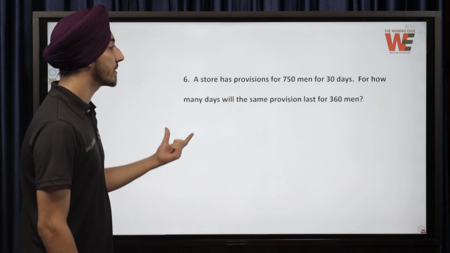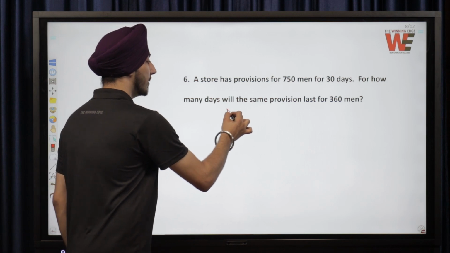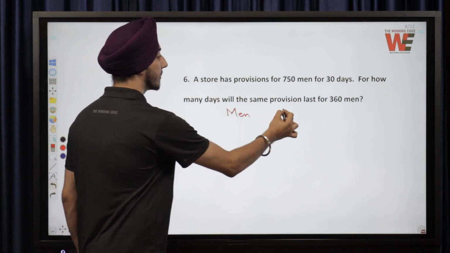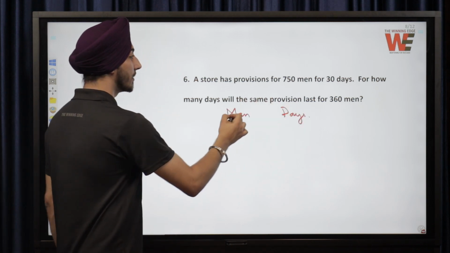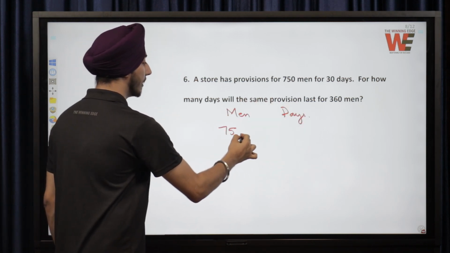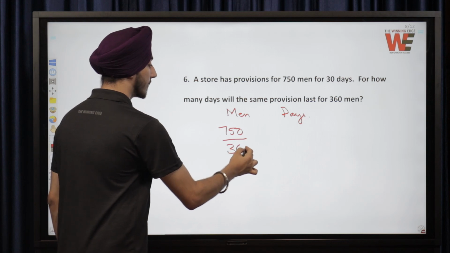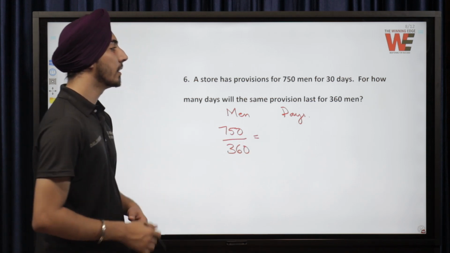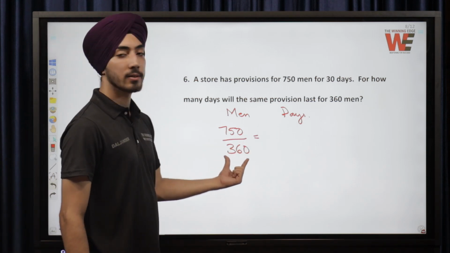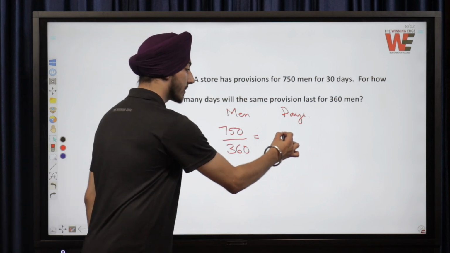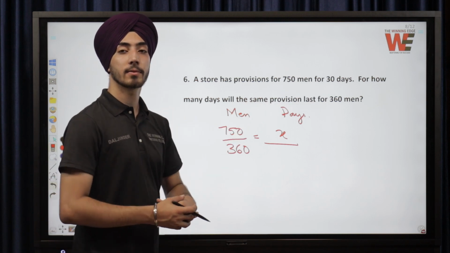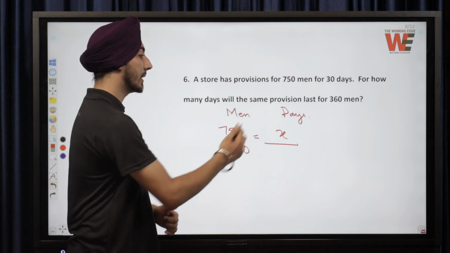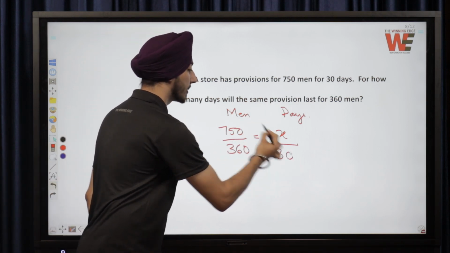Now inverse relation, first we'll write down the ratio for men, and here we'll write down the ratio for days, right? For men it will be 750 by 360. For the days, we don't know how many days 360 men are going to take, so we write down X here, inverse relation concept. And 750 men were finishing the provision in 30 days, so we'll write down 30 in the denominator here.